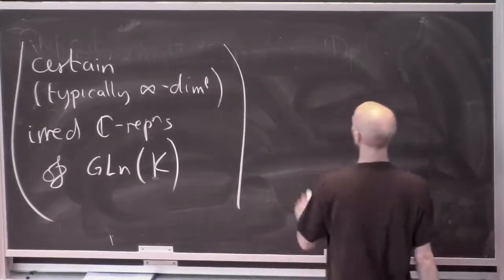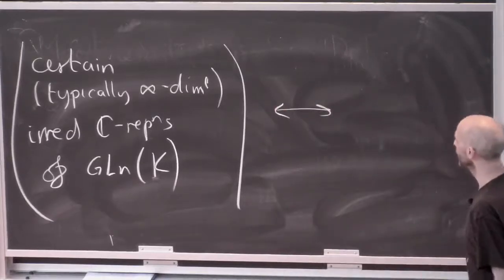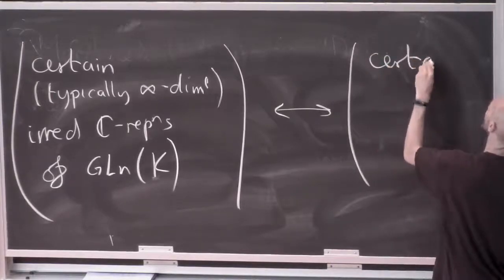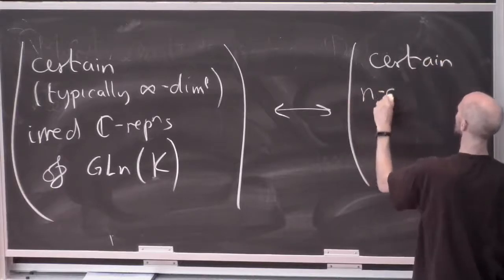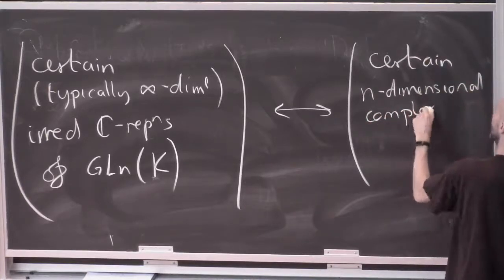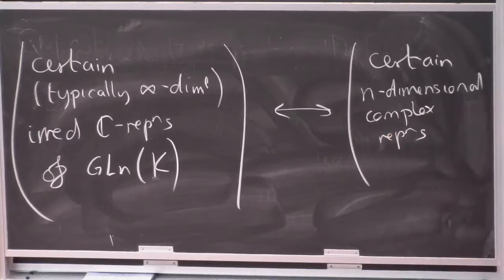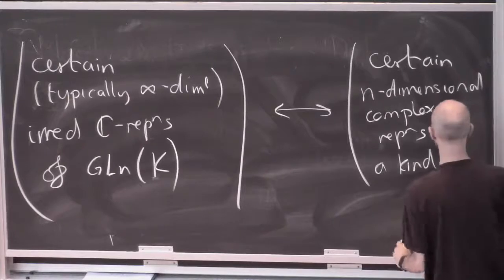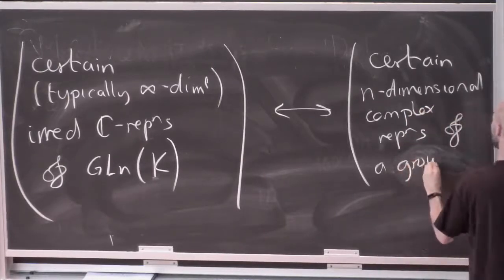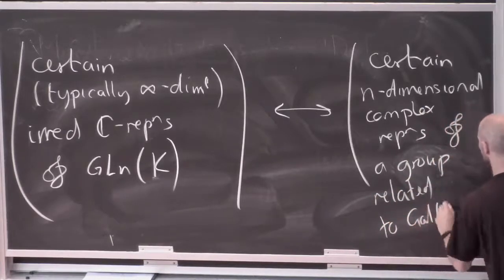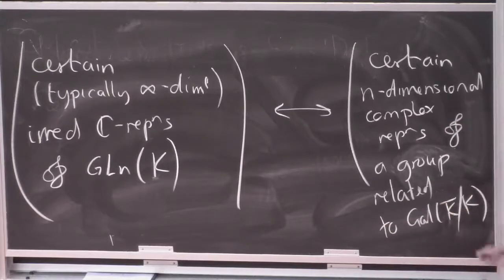That's one side, and on the other side, we get certain n-dimensional complex representations of a group related to Gal K bar over K, the absolute Galois group of this field.